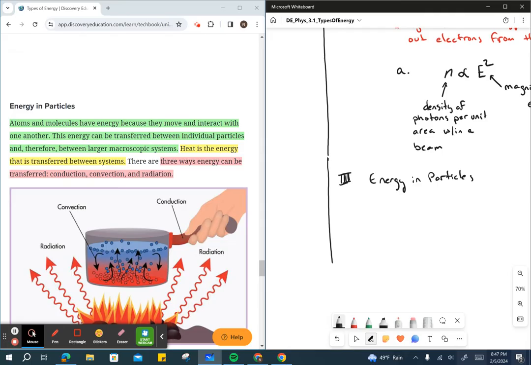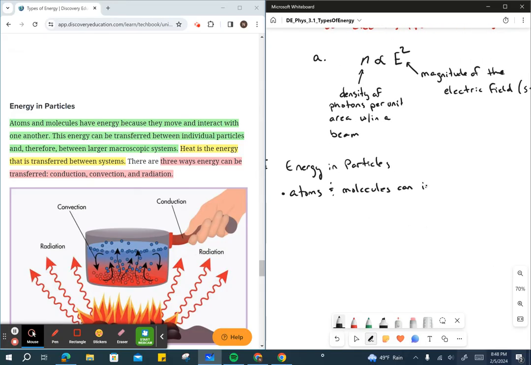Okay, energy in particles, atoms and molecules can interact, right?